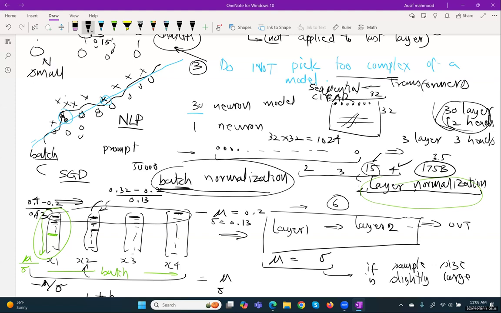So in NLP, the batch size is very small due to practical reasons because the models are bigger, okay? If the batch size is small, does batch normalization make sense? No, it will in fact make it worse, okay?